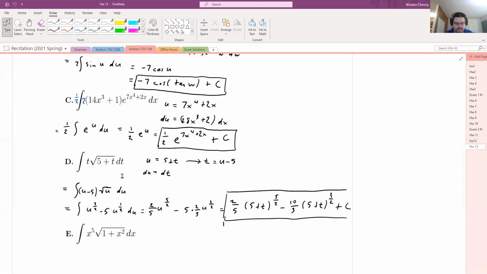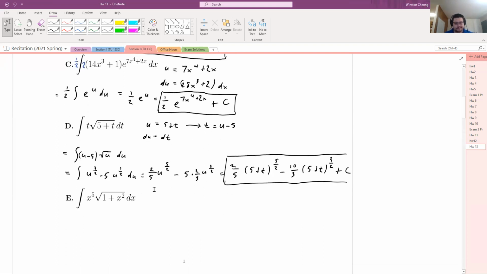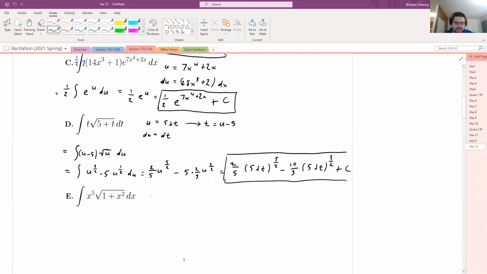So hopefully that made sense and you're comfortable with it, because E is going to add on to that now. Okay, E is very similar. You see you have a square root, you have x to the 5th. Like before, we would try a few things out, and the first guess you should make is either just the stuff inside the square root or the whole square root.